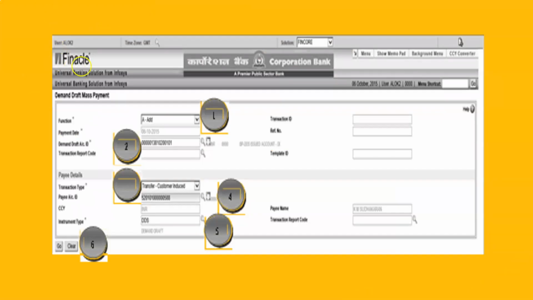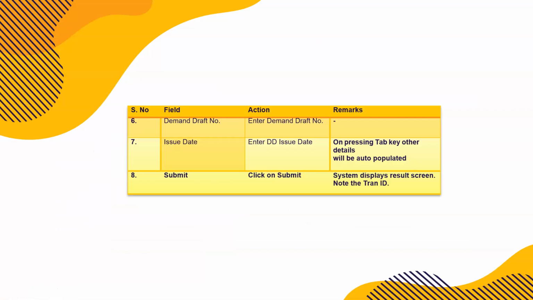After clicking on go here, go to the searcher, add the account ID, right? Whatever the customer wants, he wants the amount transferred to his own account or cash, whatever he wants. And we click on go here, left hand side screen, extreme left bottom. You can see, click on go here. Then you enter demand draft number, issue date and submit.